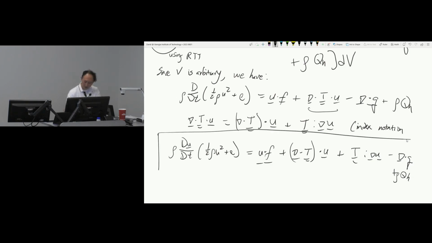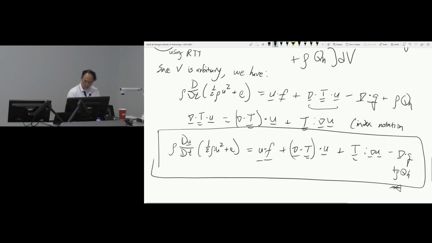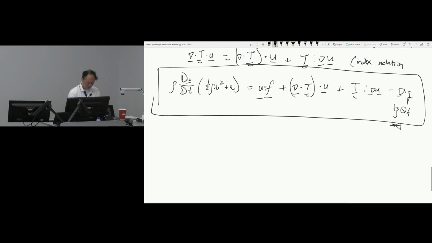Let's box this. So the problem with this equation is it has all the terms together, mechanical and thermal, but actually those parts are independent. So let's do a separate derivation that's much, much shorter for the mechanical energy equation.